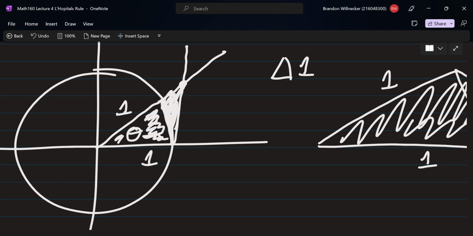Imagine we're taking the tangent of this angle, theta. This is a right angle triangle because it's a vertical tangent, makes a 90-degree angle. So if we call this top part h, the vertical part, tan theta is going to be opposite over adjacent. So tan theta will be h over 1.